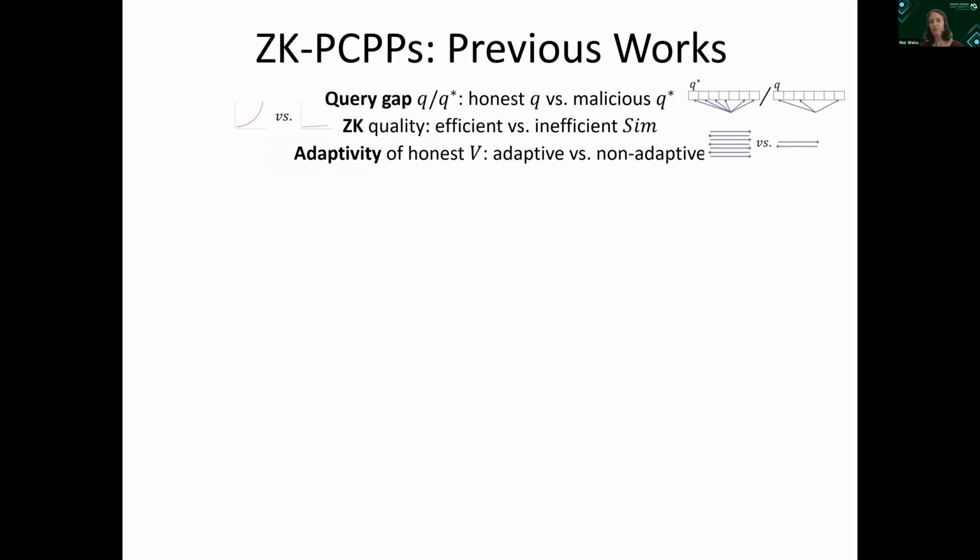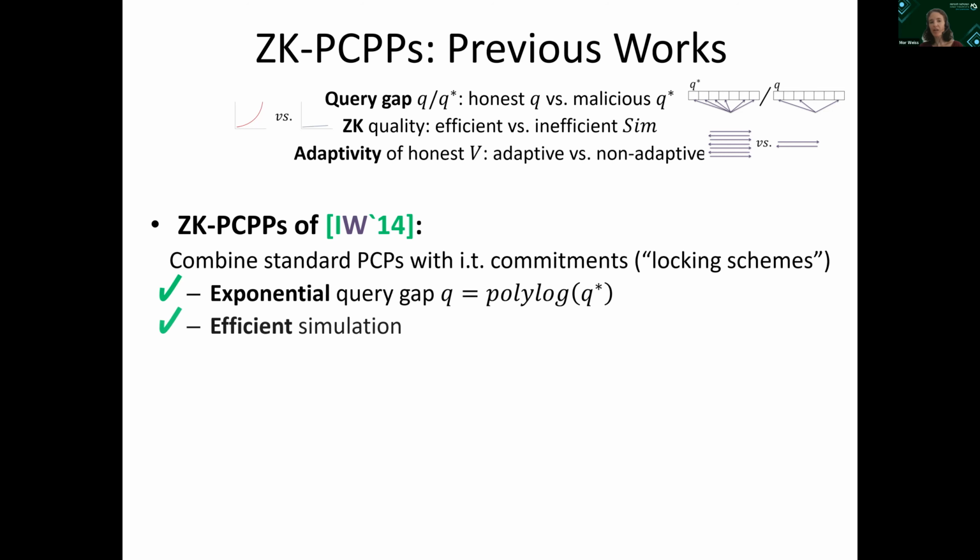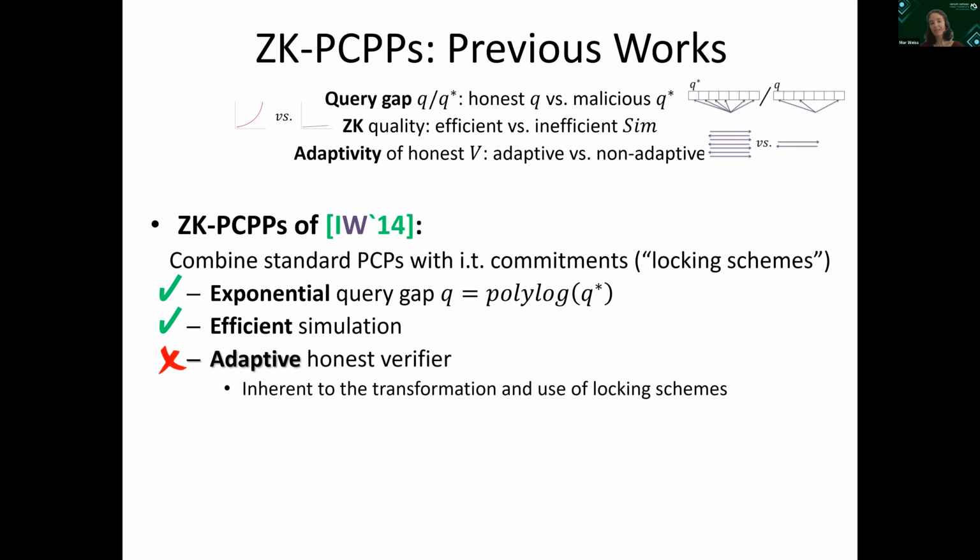This notion of zero-knowledge PCPPs was first introduced by Ishai et al. in 2014. They use the same paradigm as Kilian, Petrank, and Tardos. They extend it to the PCPP setting, and they get zero-knowledge PCPPs with exponential query gap and efficient simulation, but unfortunately with an adaptive honest verifier.